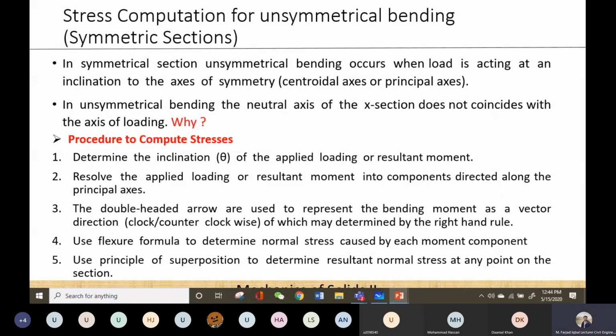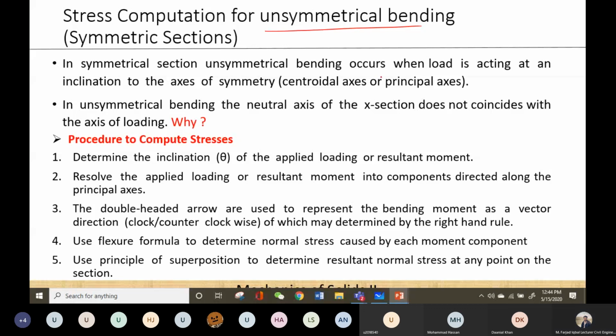So the first thing that we will be covering is unsymmetrical bending in case of symmetrical section. As I have explained already, in a symmetrical section, unsymmetrical bending occurs when the load is acting at an inclination to the axis of symmetry, just like I have shown you in the example of the rectangle.